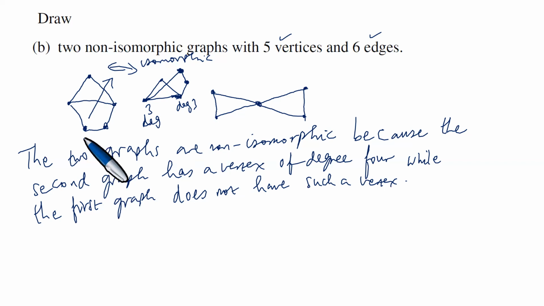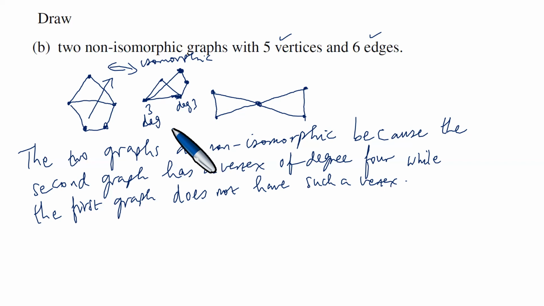Also, the adjacency is preserved, such that the vertices of a given degree that are adjacent here are also adjacent there. For instance, the vertices of degree 3 here are adjacent vertices, and here also they're adjacent. That is one property of isomorphic graphs: they preserve adjacency.